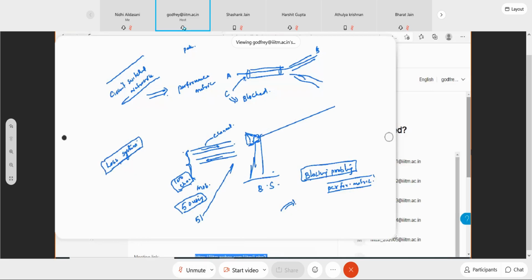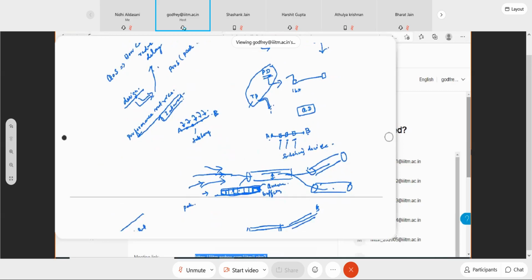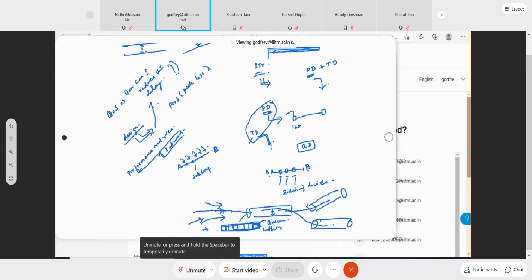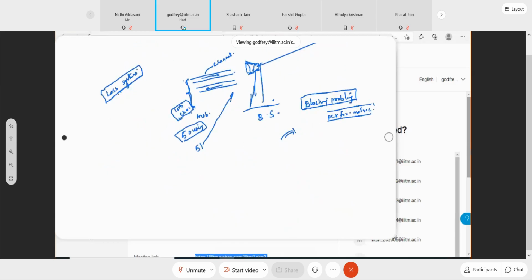So a delay system is similar to a packet switch network, where what is important is the delay and the loss. The loss system is another kind of system which is similar to a circuit switch network, where what is important is the blocking probability, right? So that is the performance metric with respect to a loss system.